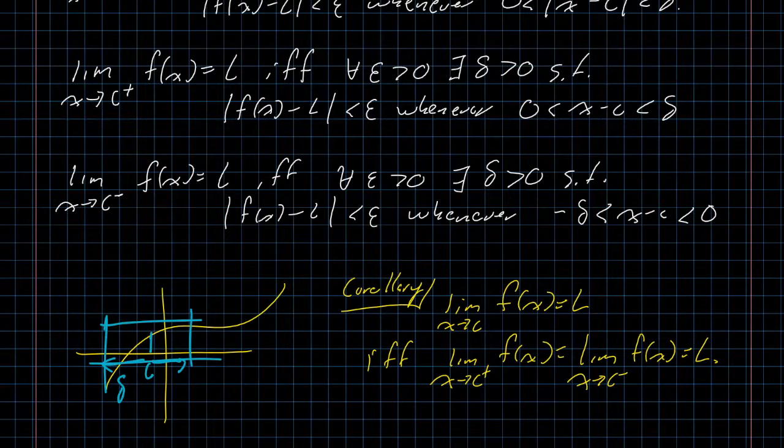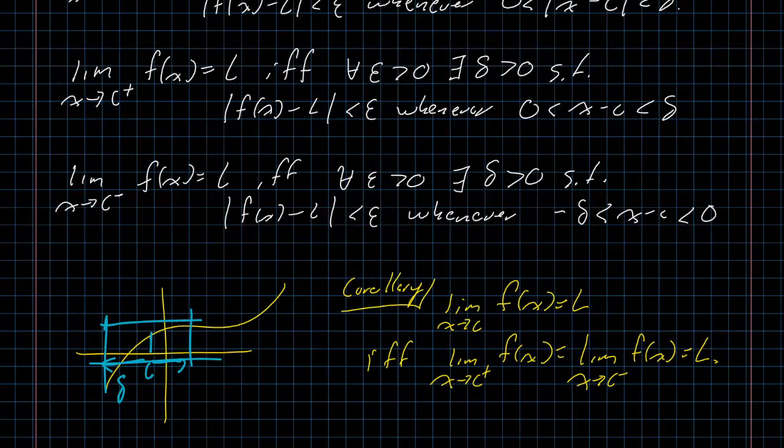But my corollary is that the limit as x approaches c of f of x is equal to L if and only if the limit as x approaches c from the right and the limit as x approaches c from the left are both equal to each other and are both equal to L.